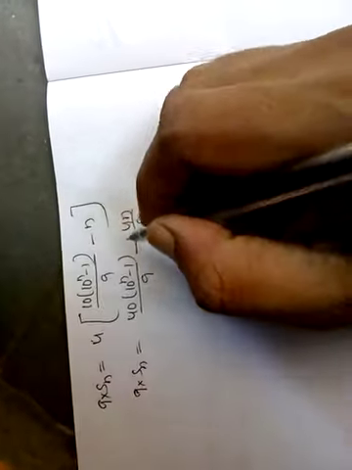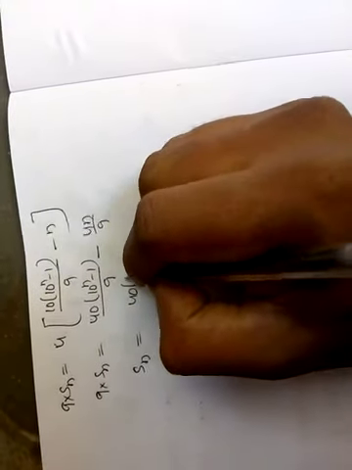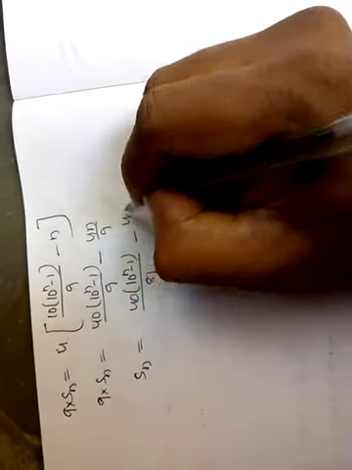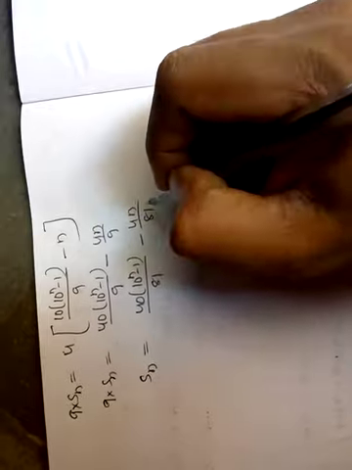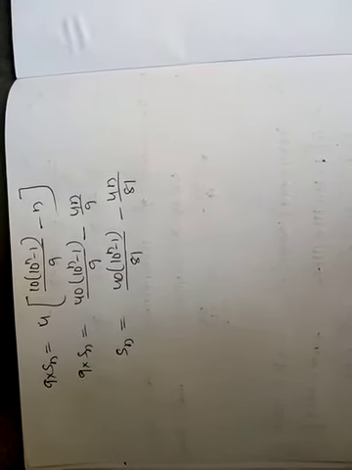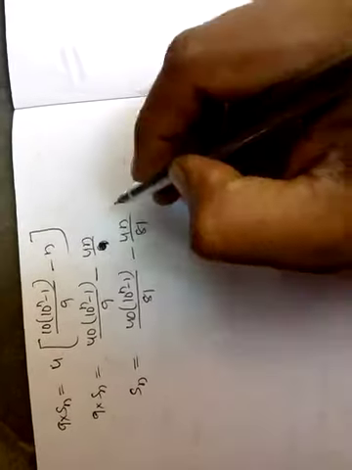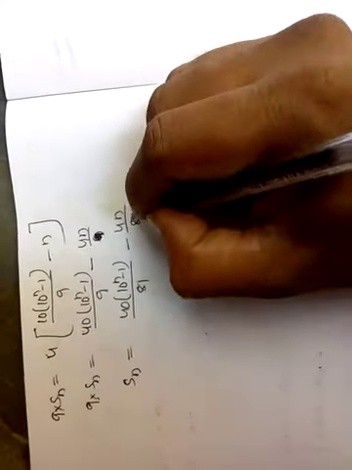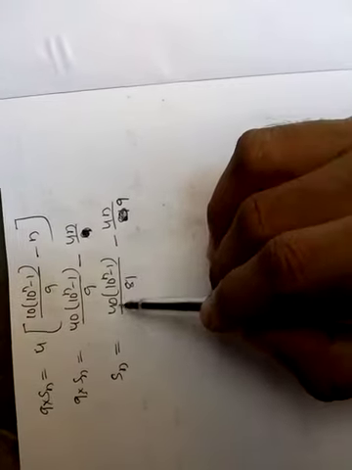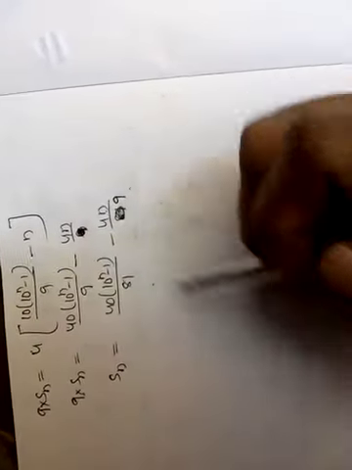Transposing the 9 to this side, Sn is equal to 40 into (10 power n minus 1) by 81 minus 4n by 9.